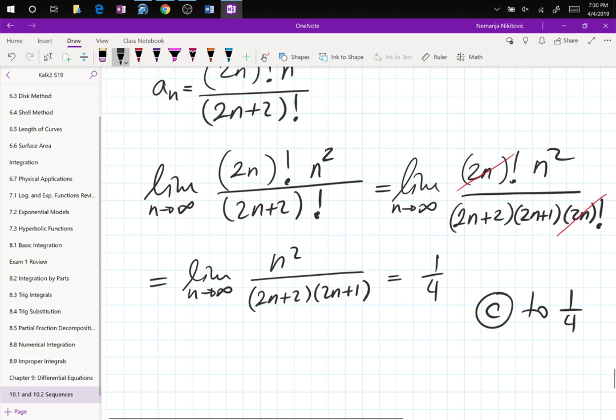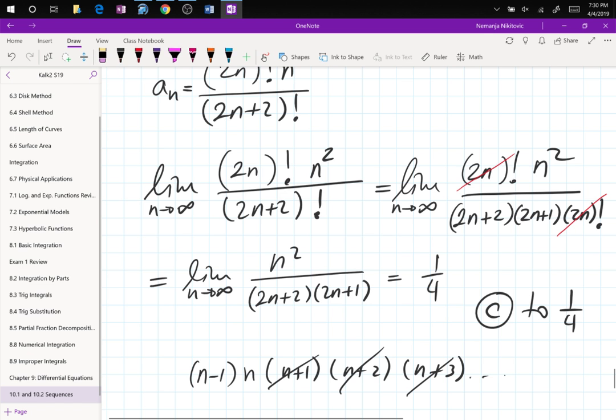Because you have 2n plus 2 over here in the factorial, so you start peeling, right? Your numbers go n minus 1, n, n plus 1, n plus 2, n plus 3. If you're peeling off terms to get down to n, those are the ones that you kick out.